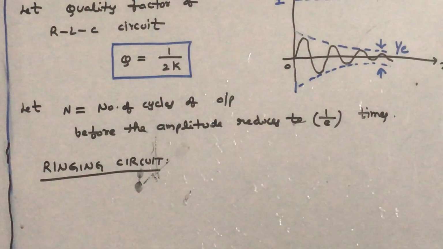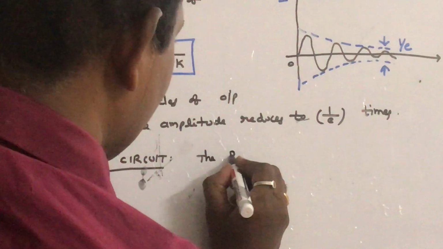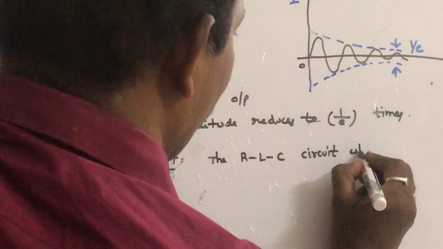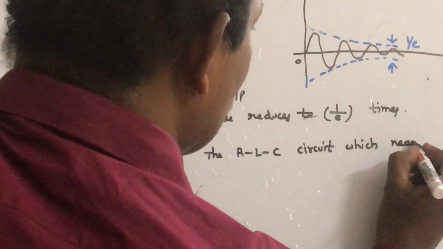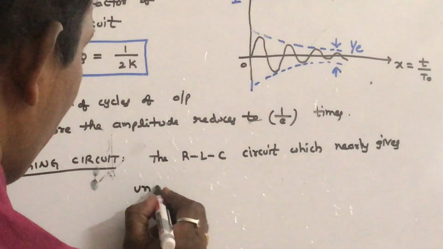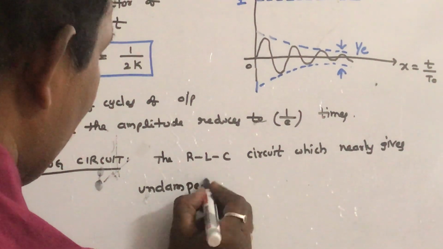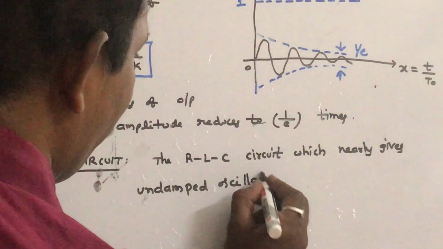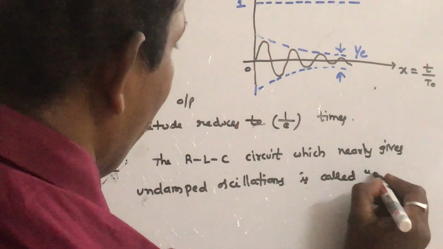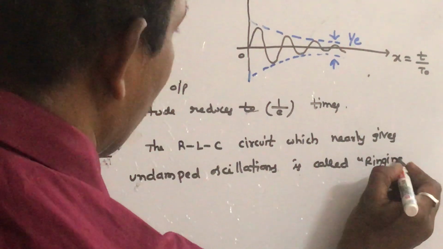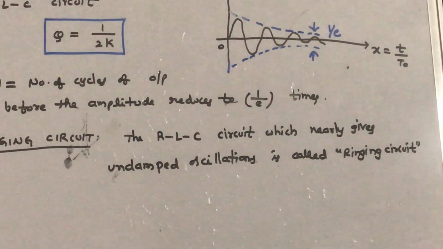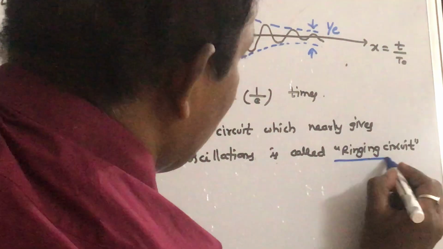The RLC circuit which nearly gives undamped oscillations is called a ringing circuit. Very, very important simple definition.